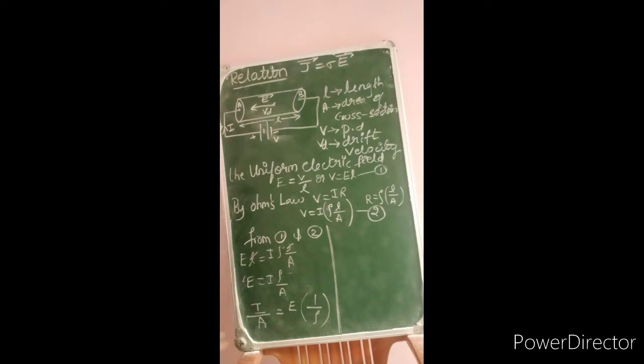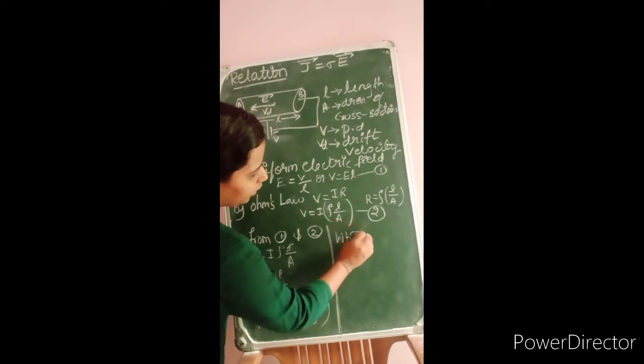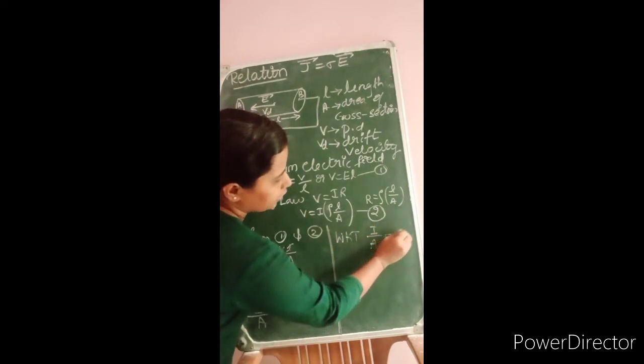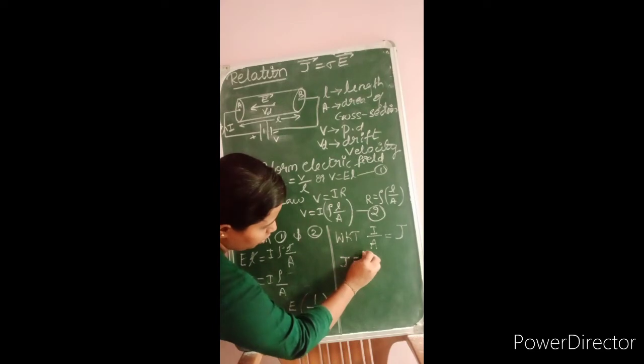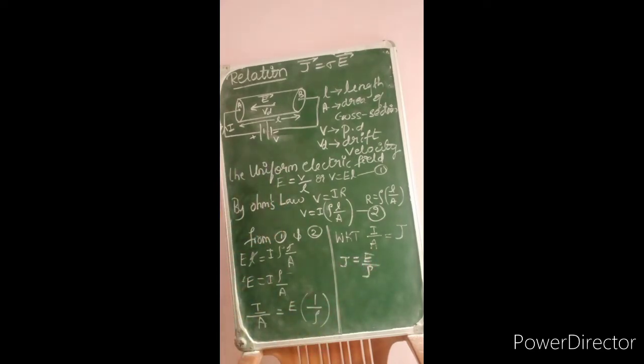But we know that I divided by A is nothing but J. Therefore, J is equal to E divided by rho.